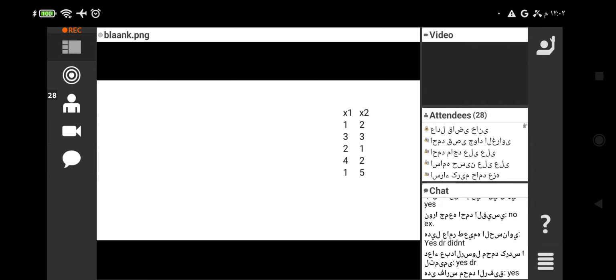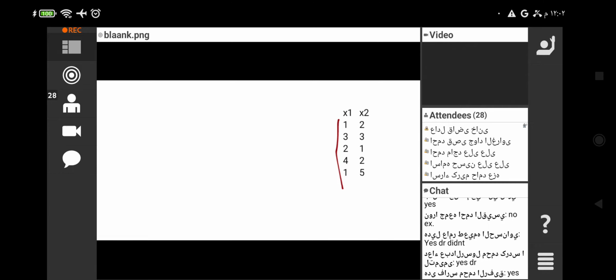Okay, assume that we have this data and we want to use hierarchical clustering for clustering this data. So this data has 5 instances and we want to cluster these instances.